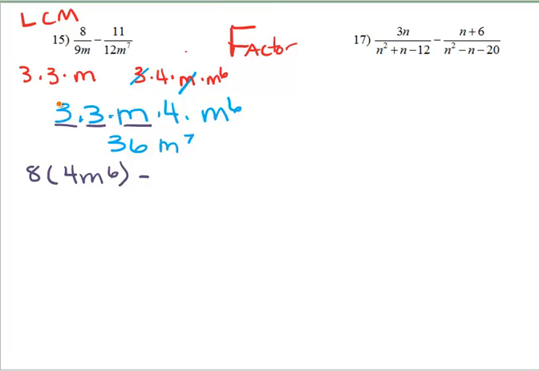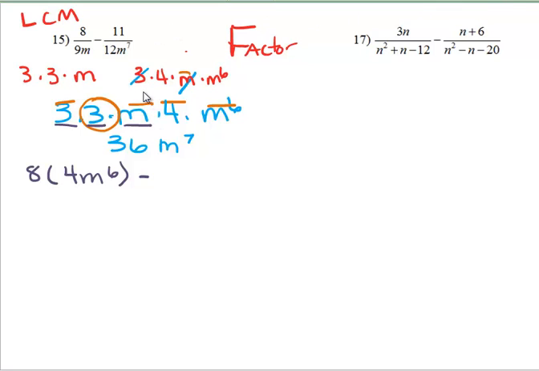Okay, I've got that. I've got that. I've got that. Oh wait, I didn't have to do anything because 12m to the 7th, the only thing I need to do is that.